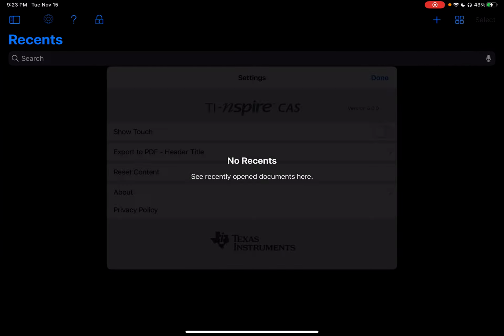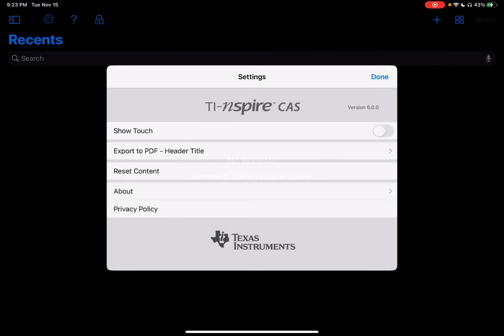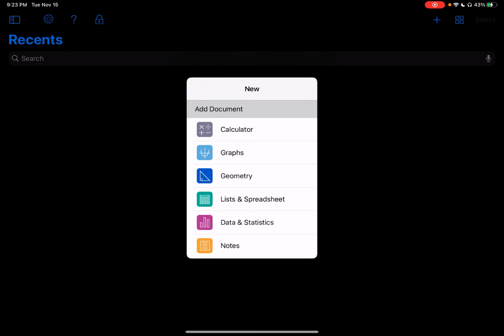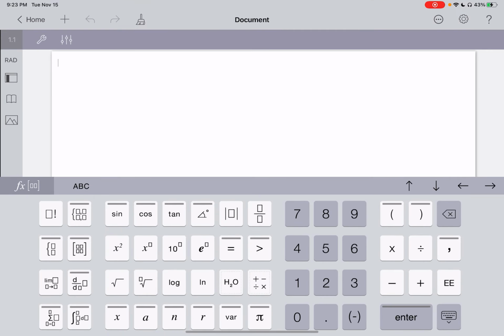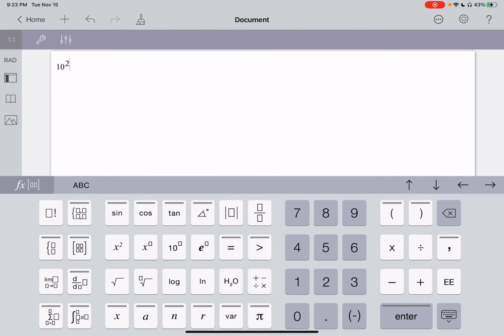My calculator doesn't want to work apparently. Let me restart it. There it goes. The first one was 10 squared equals 100. The second one was 10 to the power of 1, which equaled 10, and 10 to the power of 0, which equaled 1. So those were the first 3 problems.